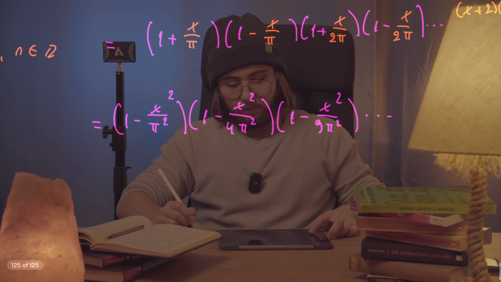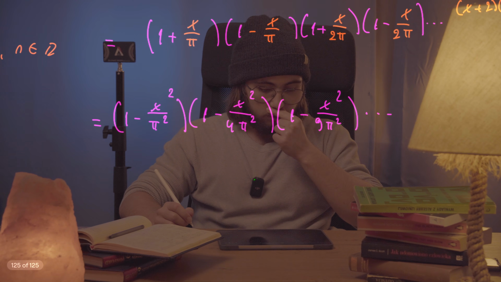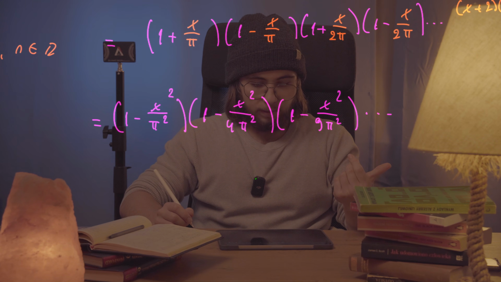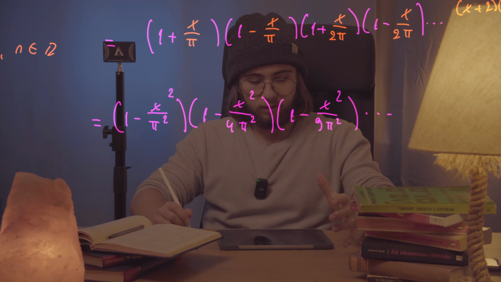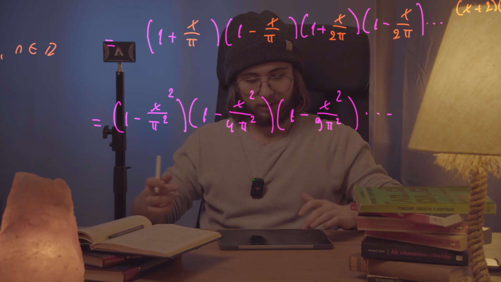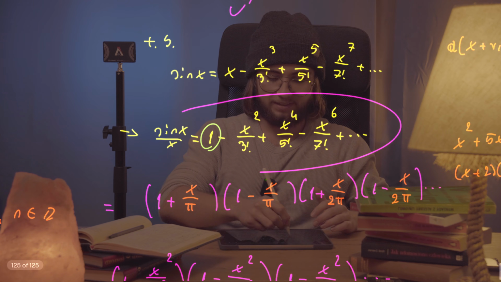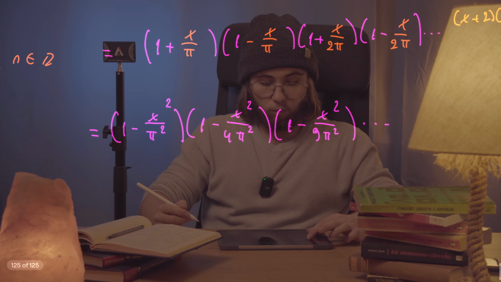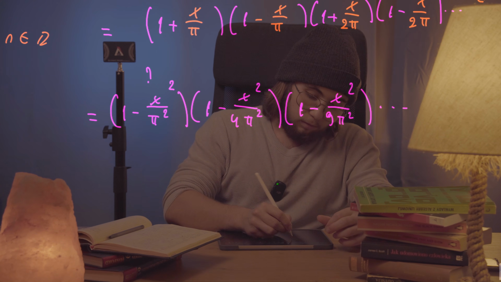Okay, but now what we could do is multiply this even further out. But I don't really care about the result of multiplying everything out at once right now, because that would just end up being our original polynomial. I only care about what we'll get with those x squares.